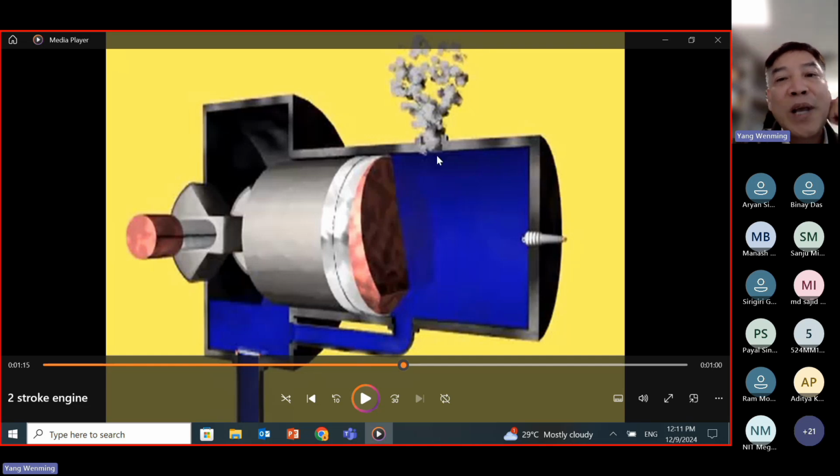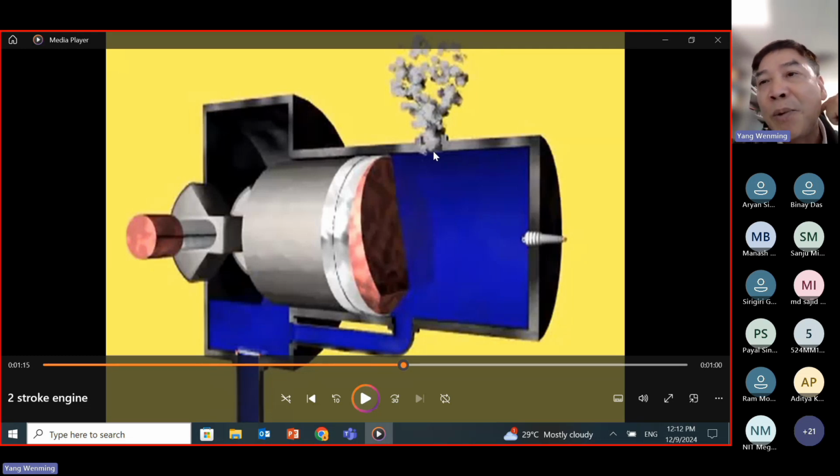Secondly, you can see in the two-stroke engines, the exhaust port is open in the middle of the cylinder wall, correct? Which means the power stroke is not a full stroke, because the exhaust port is open in the middle of the cylinder wall.